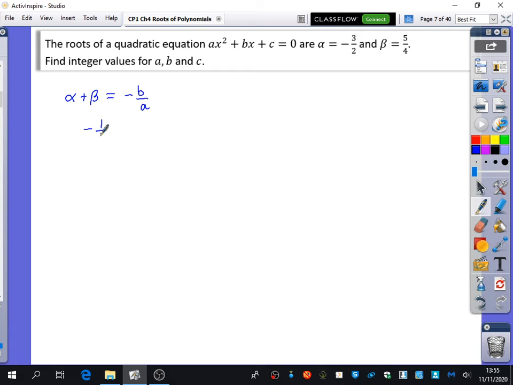So we have that minus a quarter equals minus b over a, or a quarter is b over a. We also know that alpha beta is c over a. And this times this, minus 3 over 2 multiplied by 5 over 4, is minus 15 over 8. Minus 15 over 8 equals c over a.